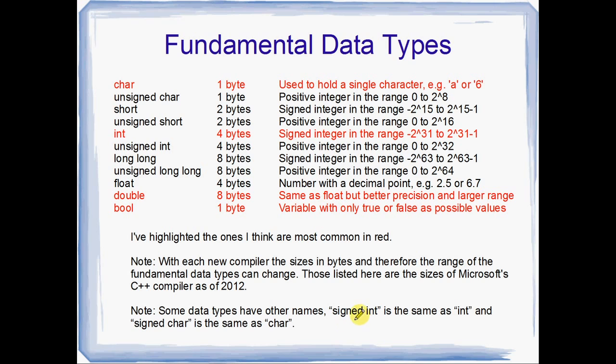And some data types have other names. So signed int is exactly the same as int, or in other words, just int by itself means a signed int to the C++ compiler. And signed char is the same as char. So basically we've got a char, which is 1 byte long, or 8 bits, and that's used to hold a single character, e.g. A or 6.